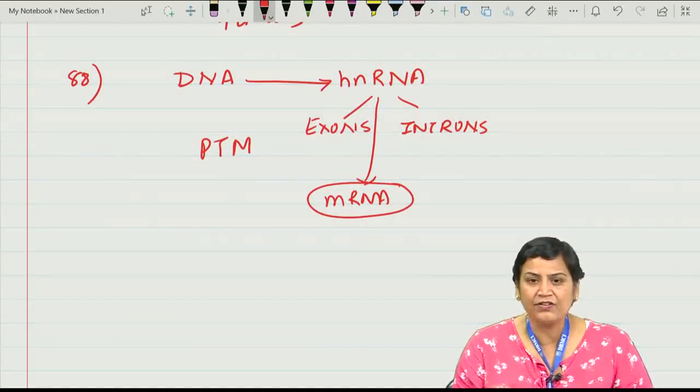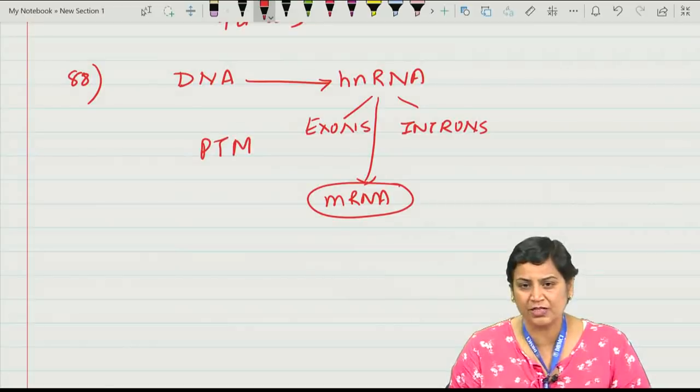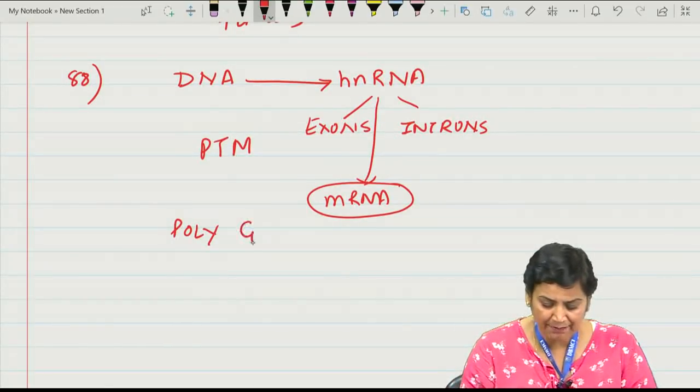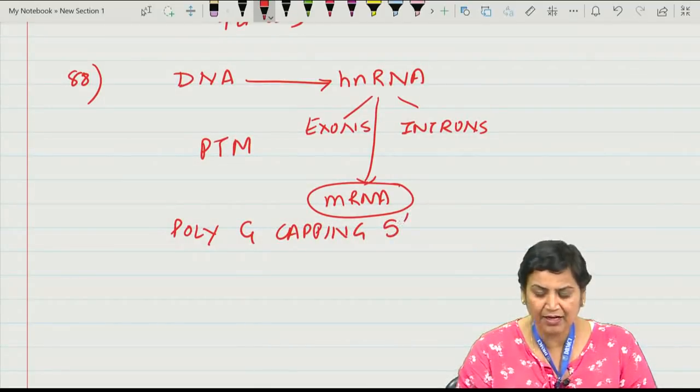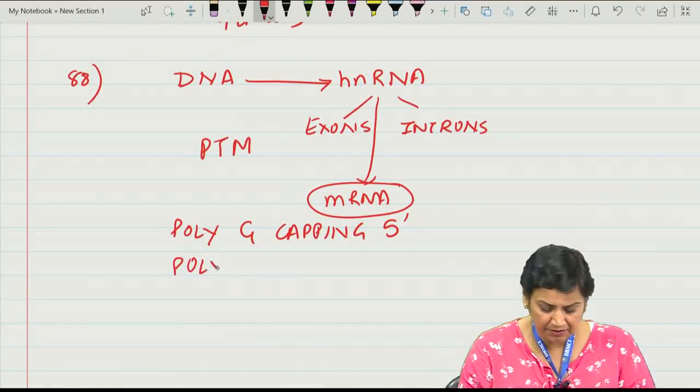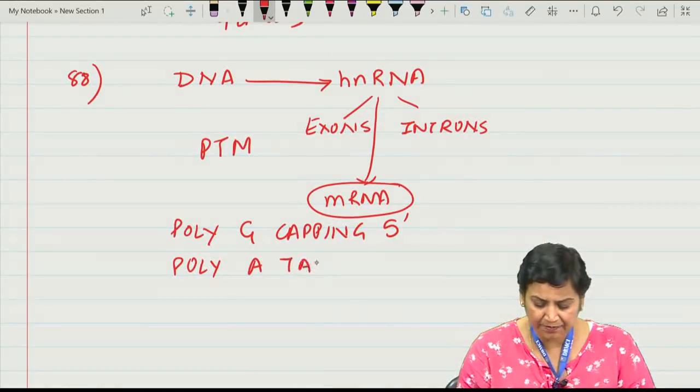Now what are the basic features of this post-transcriptional modification? Poly G capping at the 5' end, this is by methyl transferase enzyme. Poly A tailing at the 3' end.